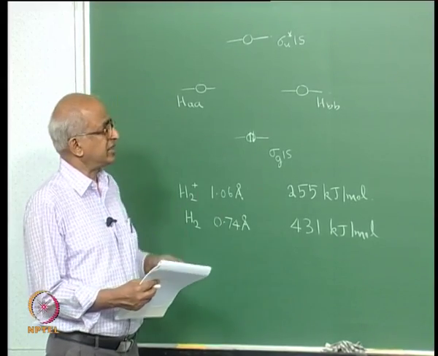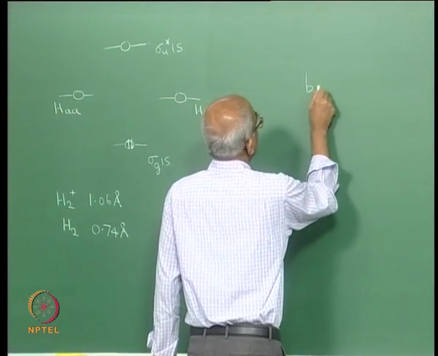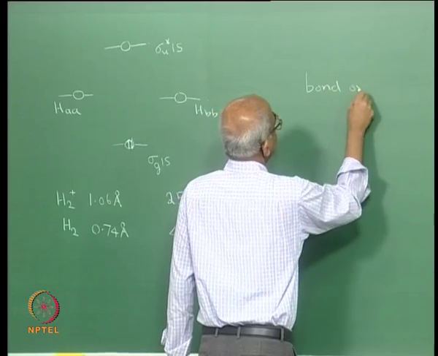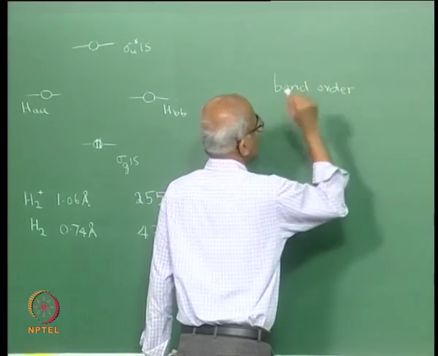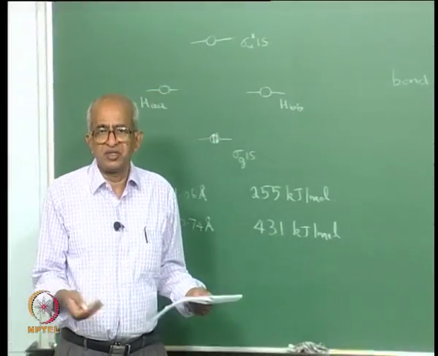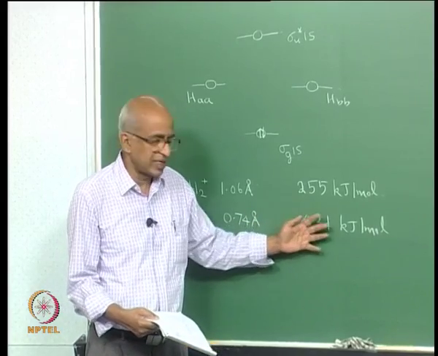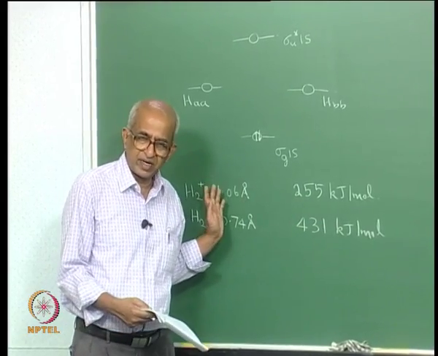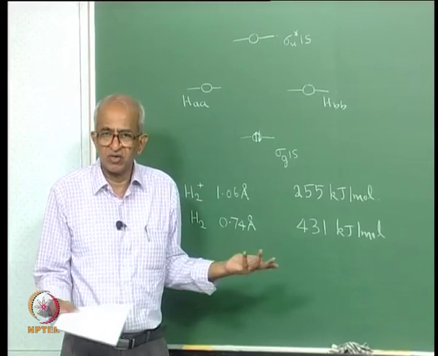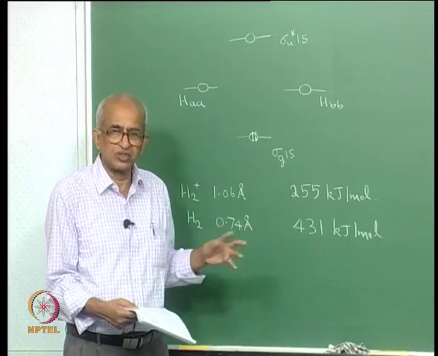And in this connection, it is useful to define something which we will refer to as the bond order. Now, how should it be defined? It should be defined in such a fashion that in the case of hydrogen molecule, you get a bond order equal to 1, saying that there is one bond, and naturally you would expect that in the case of H2 plus, it should be half.